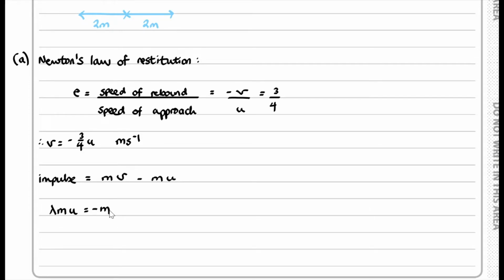So we have minus m times 3/4 u. So let's just tidy this up. We have -3/4 mu, and then we subtract off mu, and hopefully you can see the mu's cancel. Indeed, we are left with a value of lambda to be -7/4.